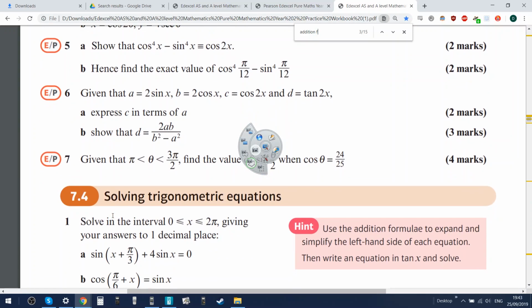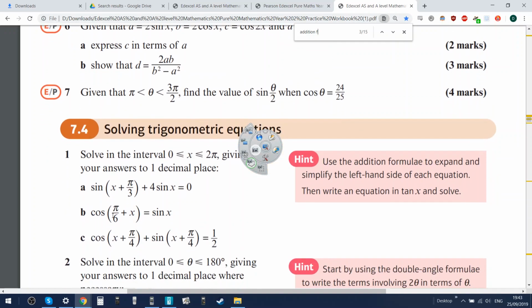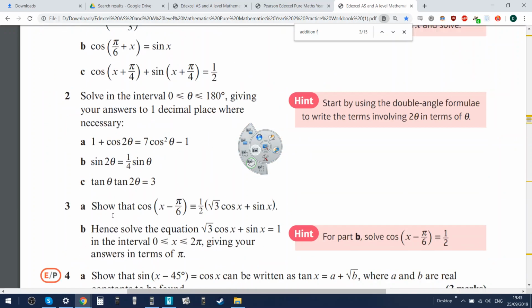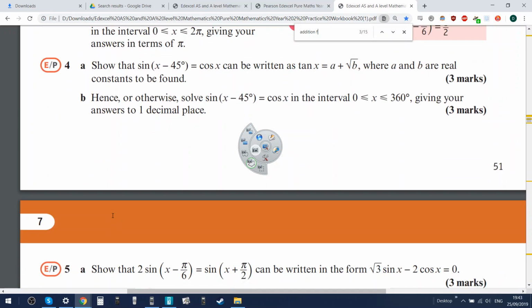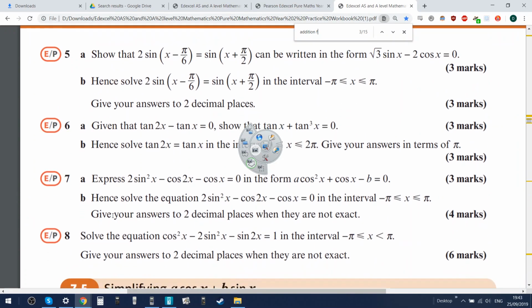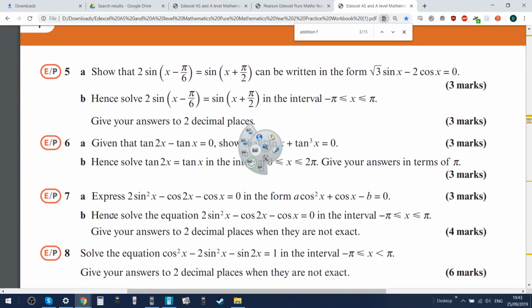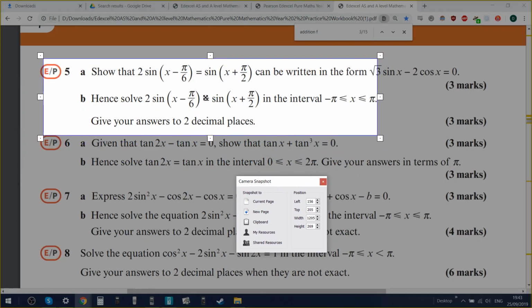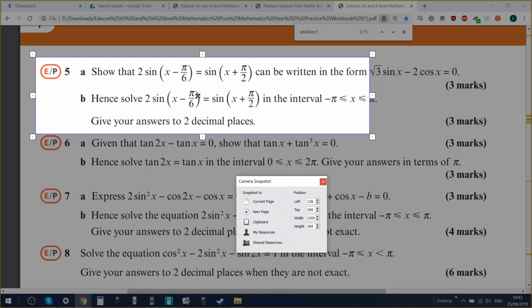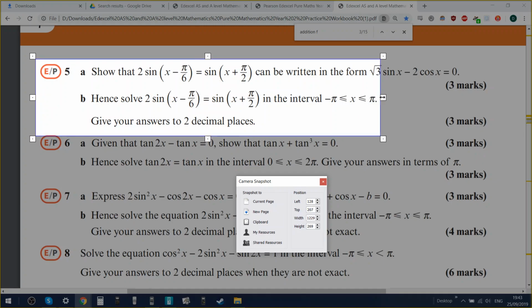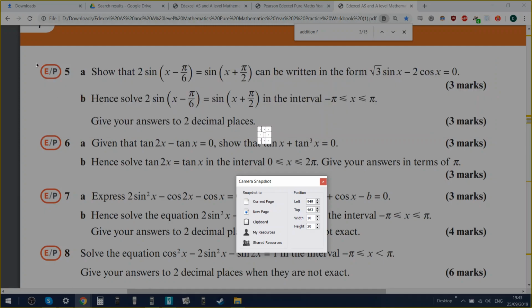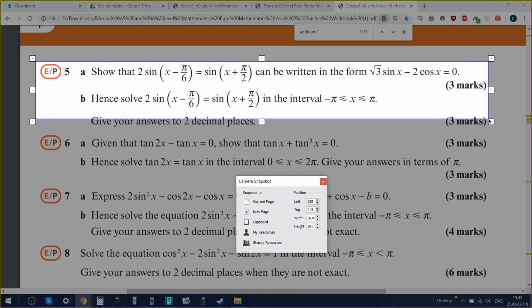Express. Oh, these are strange. Show that this is equal to the hint. Okay, so this is kind of similar. Okay, question 5. How do we do this?